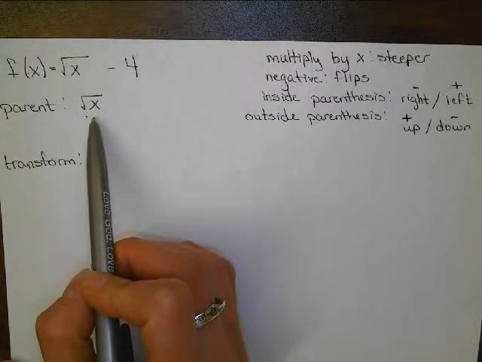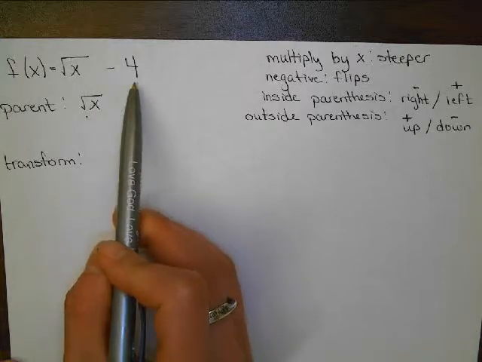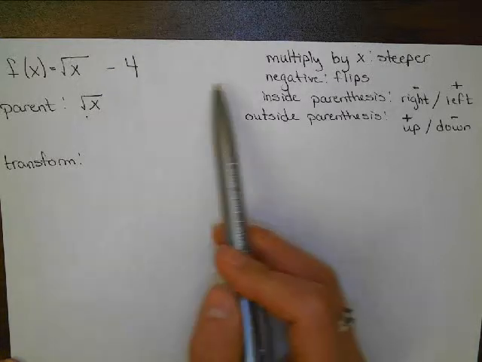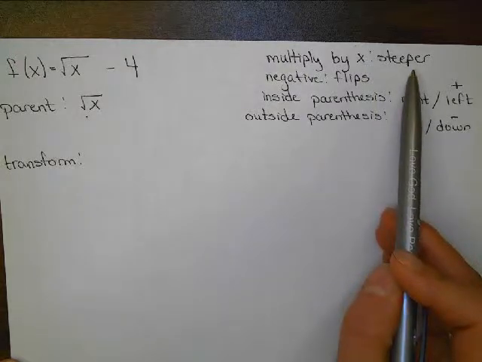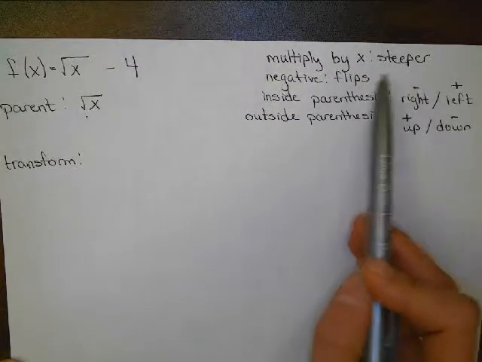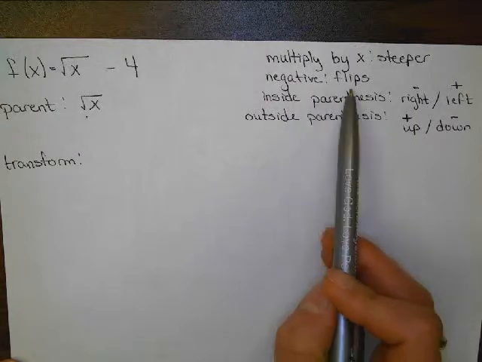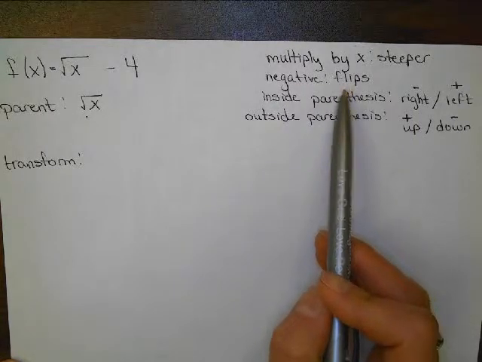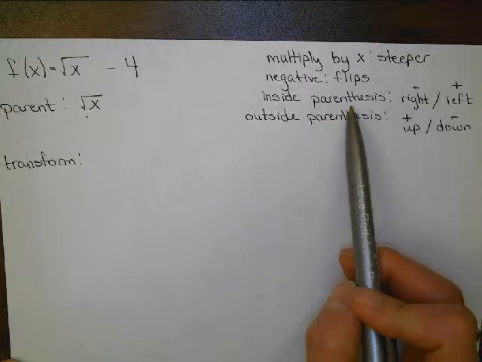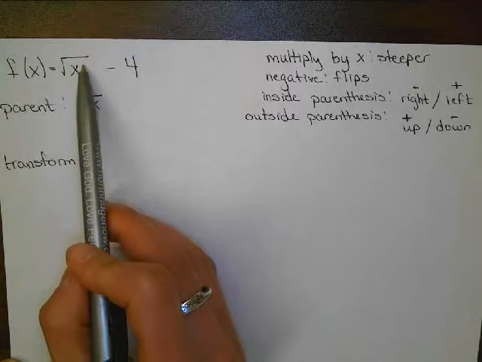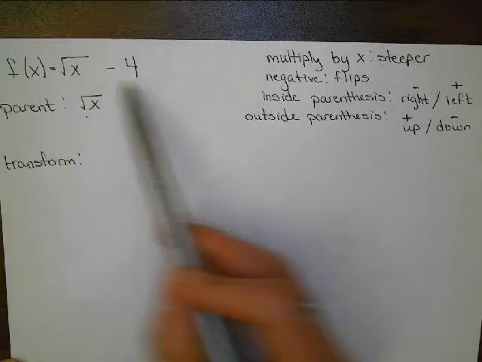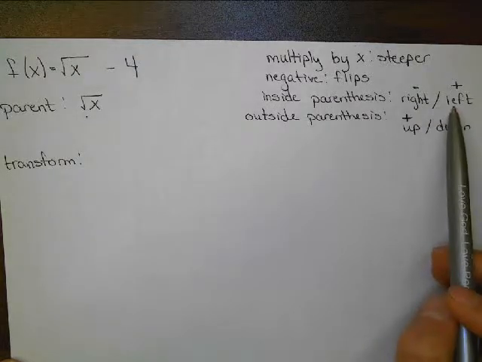So if I know that's my parent function, and I notice I have a minus 4 out here, well, if you remember from your notes, if we multiply a number by x, that affects the steepness, whether it gets steeper or wider. A negative flips the function. If you have a change inside the parentheses, or in this case inside the radical, like if I had a plus 1 in here with this radical, then that would move it right or left.